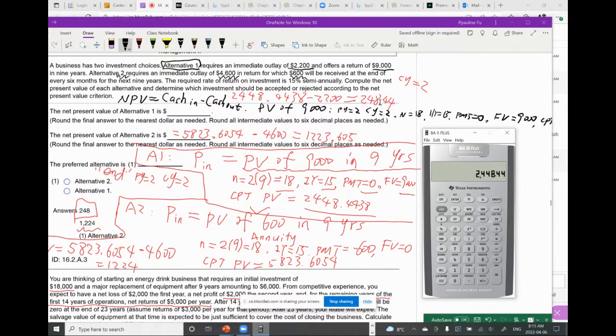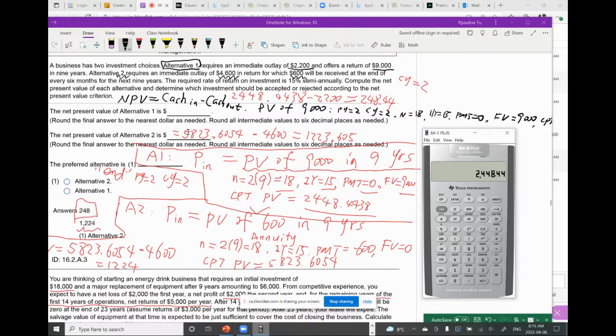Any questions on net present value for alternative one? Okay, now let's do net present value for alternative 2. In alternative 2, money out is 4,600. This is cash out.